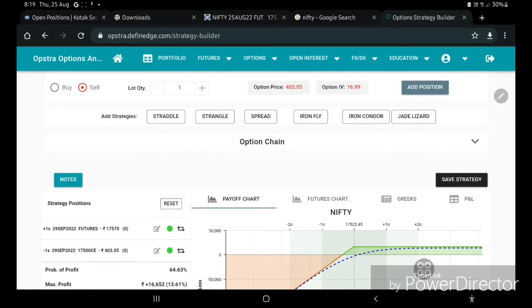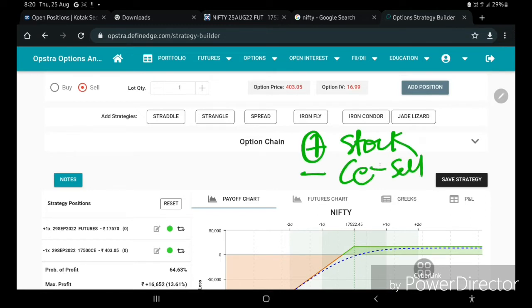So the covered call strategy is like you have to buy one stock and you have to sell a call option, either at the money or out of the money. I hope you understand.